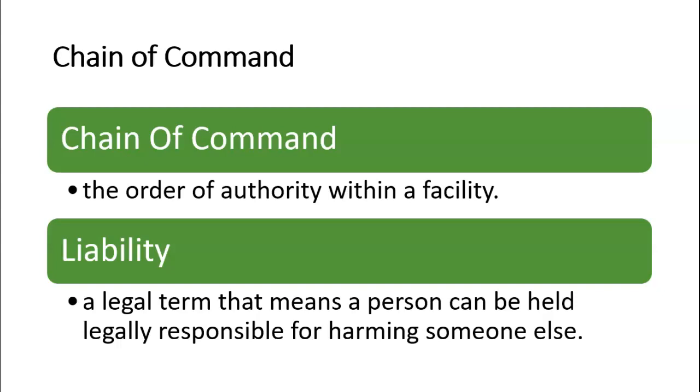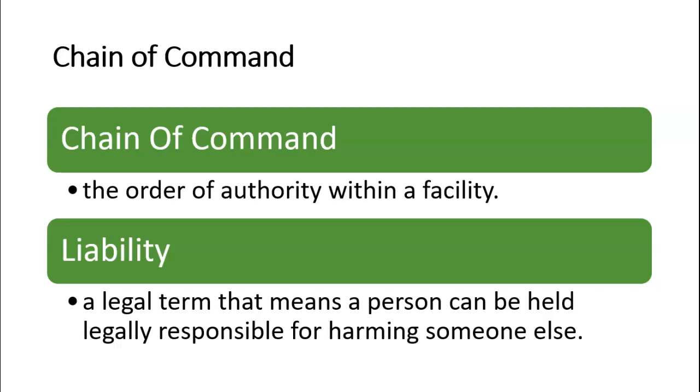Another term that you need to be aware of is liability. Liability is the legal term that means a person can be held legally responsible for harming someone else. You have to be responsible for your actions, and you can be held legally responsible if something happens. So it's important to know your scope of practice, which we will discuss today, and to follow that chain of command.